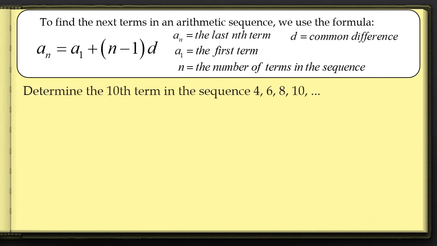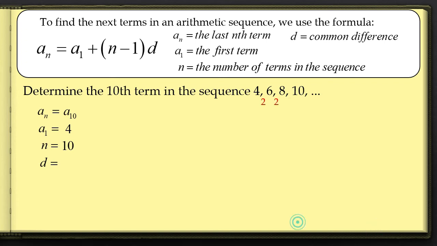Let us determine the 10th term in this sequence. First, we need to identify our given. A sub n will be a sub 10 since we are solving for the 10th term. Our first term or a sub 1 is 4. N is equal to 10. As I mentioned before, it is also equal to the n in the term a sub n.